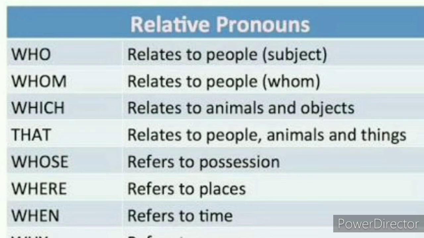For example: My uncle John, dash, is a software engineer, has 4 cars. I am going to add additional information about John, so we put a relative pronoun related to the person. Which relative pronoun is used for a person? Yes, who and whom are both used for a person. But here it's a subject relative pronoun, so we put who.